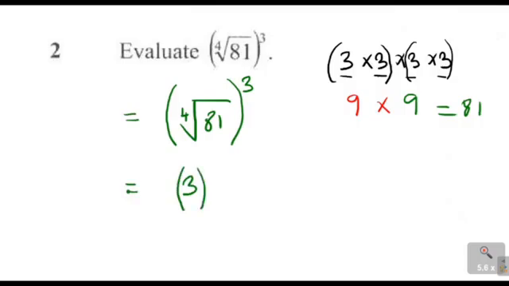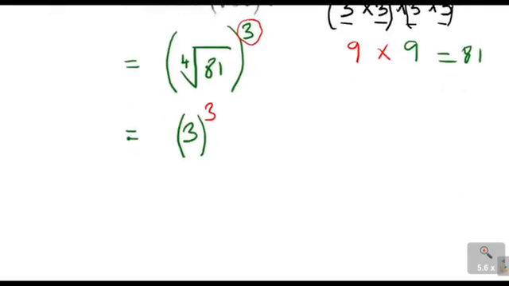In brackets, remember there is a power right here, so you need to raise it to the power. This means 3 to the power 3. It means we multiply the base 3 by itself 3 times, which is 3 times 3 times 3.